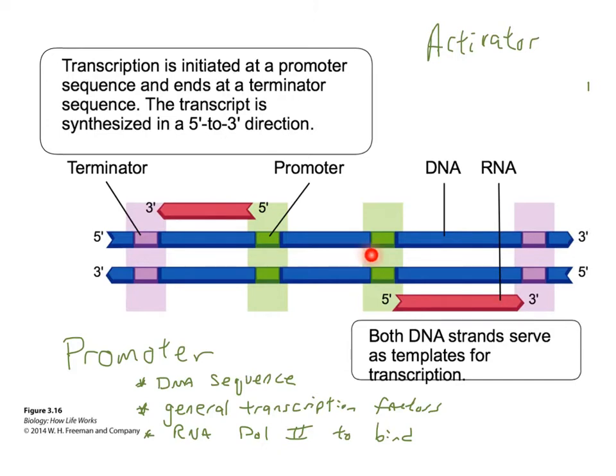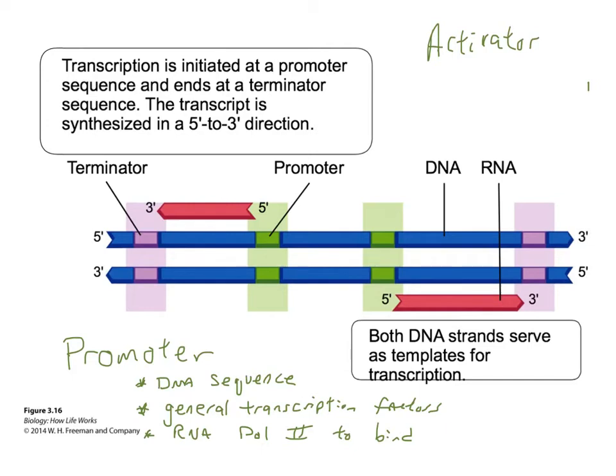If we look over here going this direction, remember we synthesize 5 to 3 and we read 3 to 5. So we start here and read in this direction. So the promoter lets us set where we're going to start transcribing our gene, so that we can transcribe it into RNA, then that RNA can be translated.